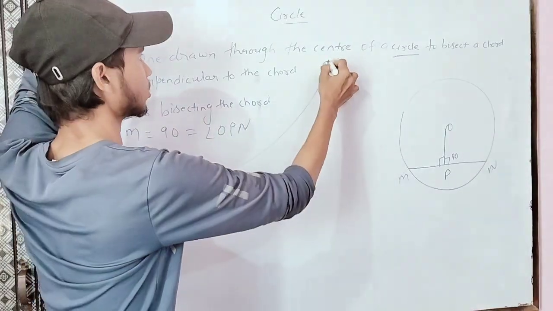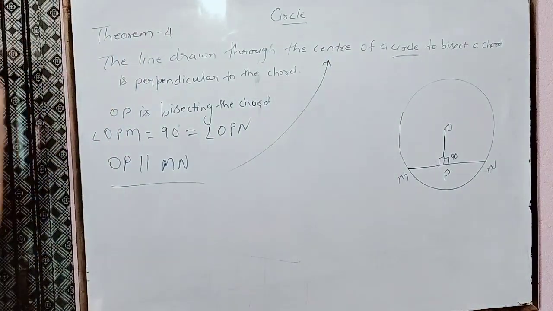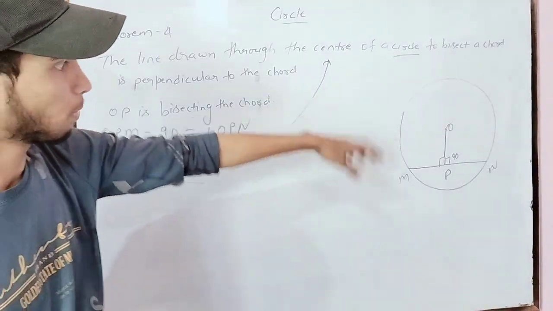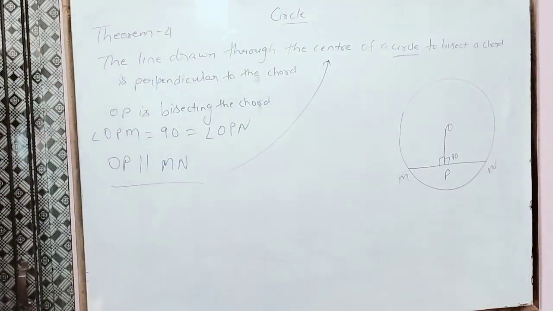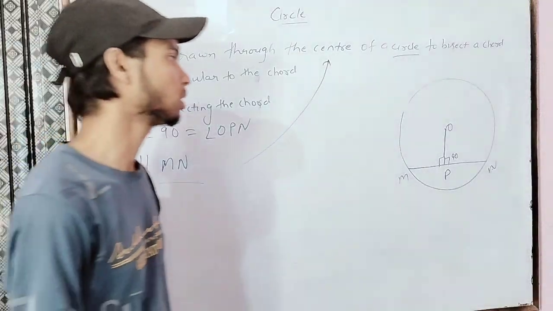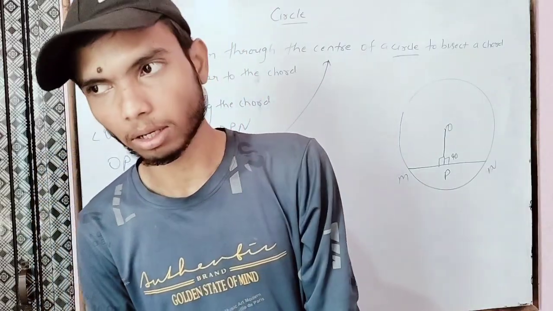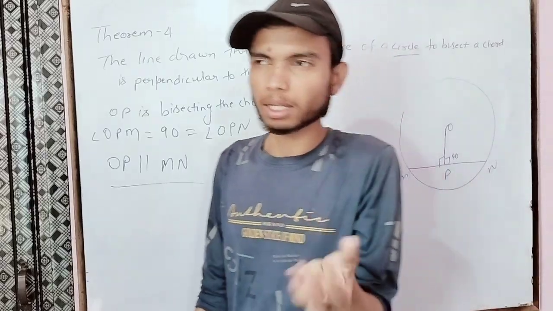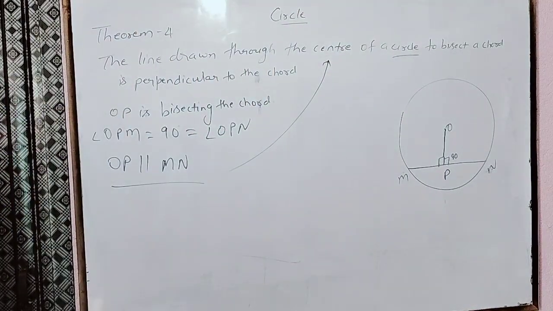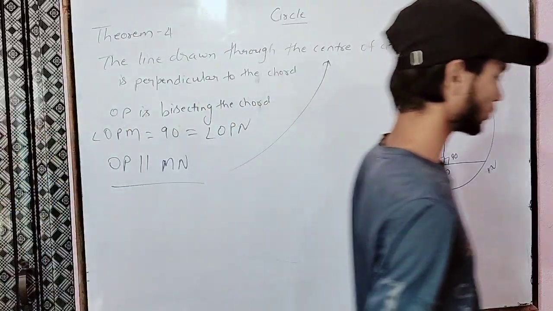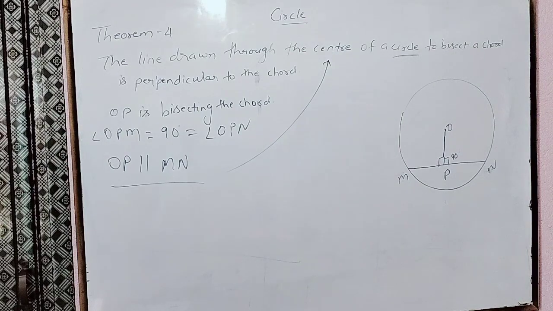When it comes to perpendicular, a perpendicular will make a 90 degree angle. It is the universal truth that perpendicular will make a 90 degree angle. Just have a look. This was theorem 4.